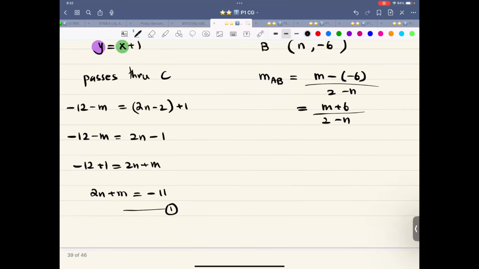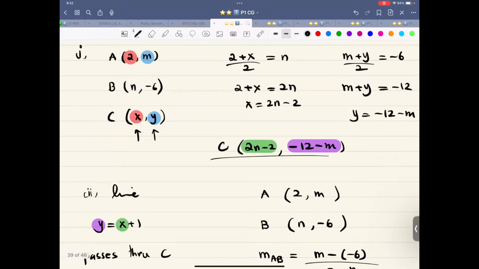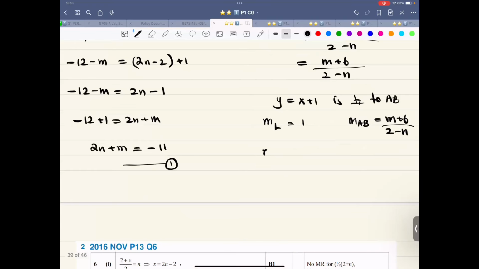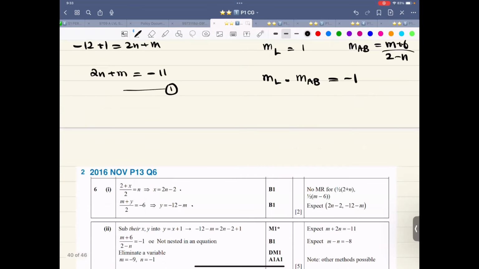Equation number 2: this line is perpendicular to AB. So the line y equals x plus 1 is perpendicular to AB. The gradient of this line is 1. The gradient of AB is (m plus 6) over (2 minus n). That means the two gradients should multiply to give you negative 1, the negative reciprocal thing.